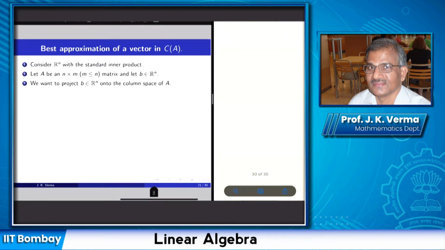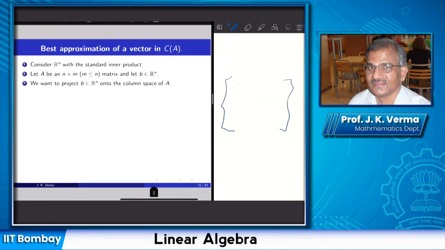So I have the matrix, and the column vectors of the matrix are living inside Rn, and I want to find a linear combination of these, that is a vector in the column space, which comes closest to a given vector in Rn.